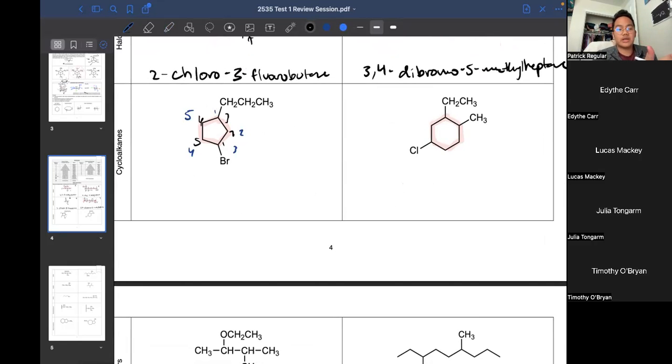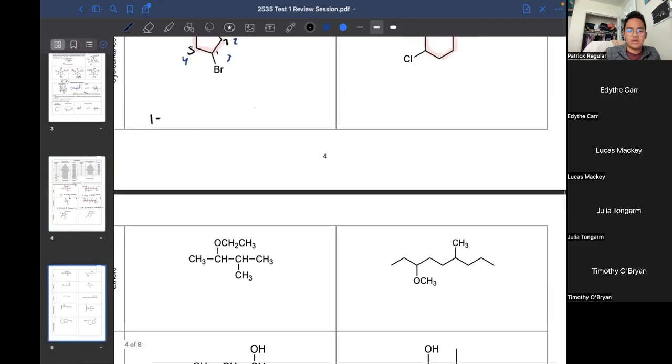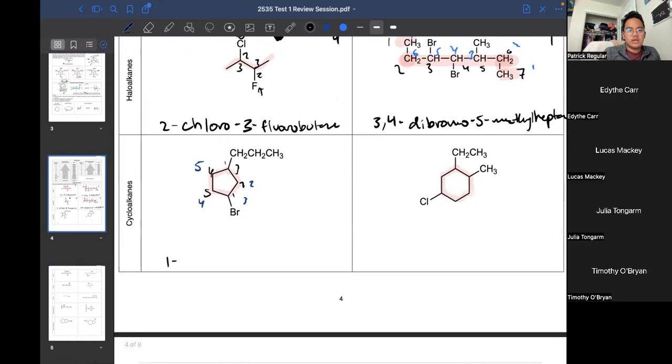So what's the tiebreaker? It's going to be the alphabet. B in bromine comes before P in propyl. So it's going to be 1 bromo, 3 propyl. Sorry, propyl cyclopentane.